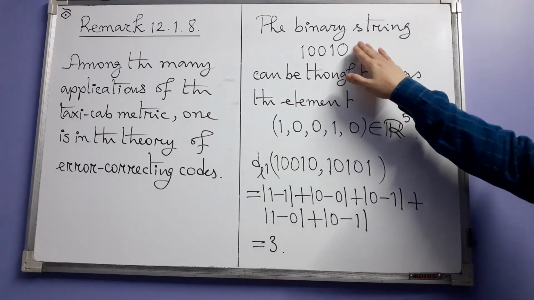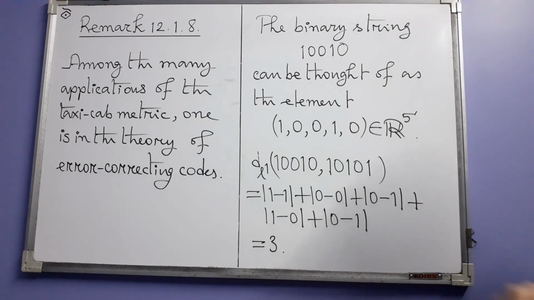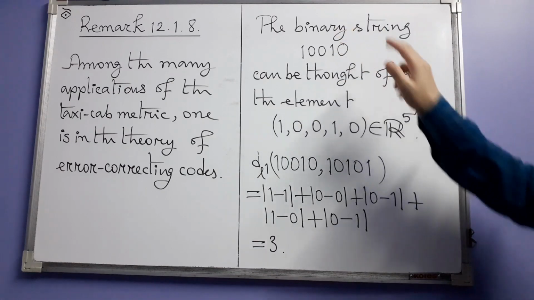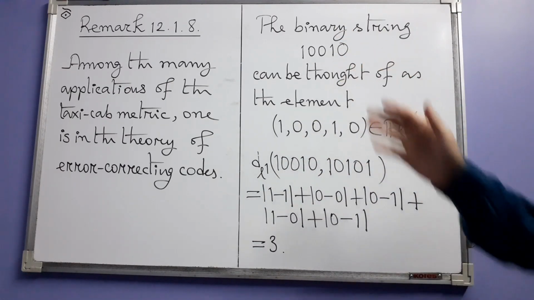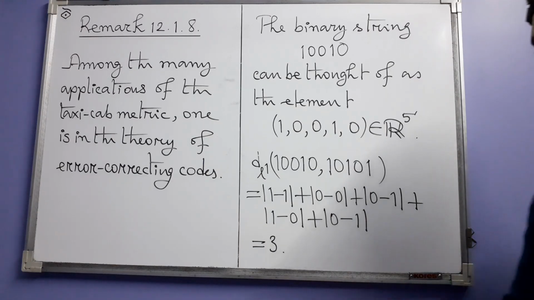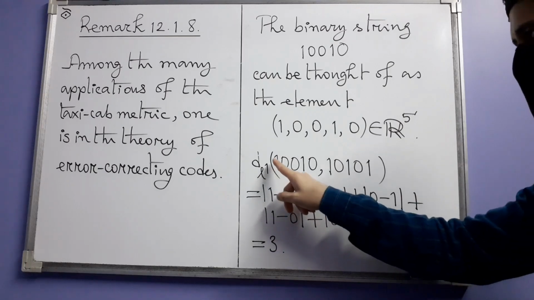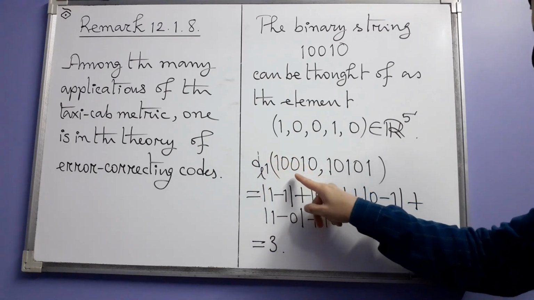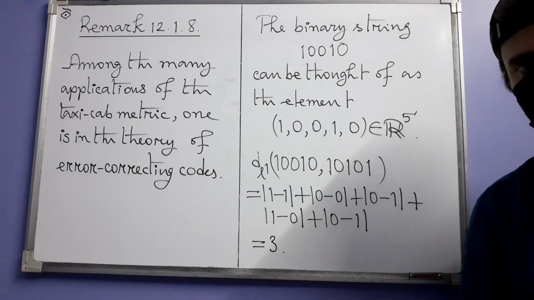Say you have a binary string like this where there are only zeros and ones, 1 0 0 1 0. Now you can think of this string as this 5 tuple in R5 because 1 and 0 are after all real numbers. With this understanding, you can then apply the taxicab metric to calculate the distance between two such binary strings.